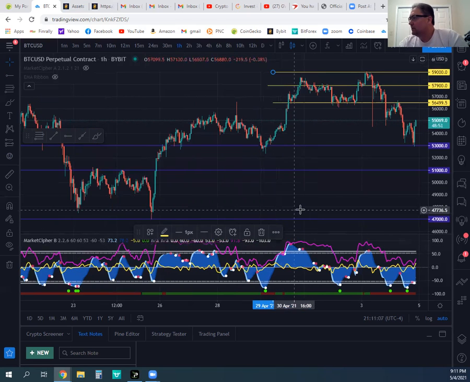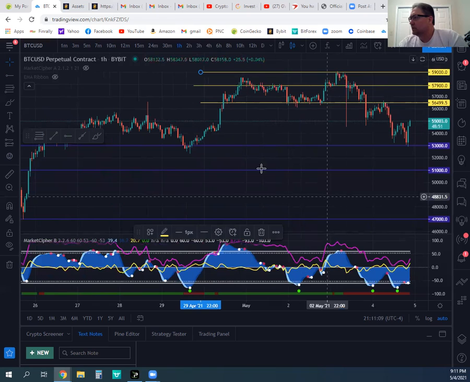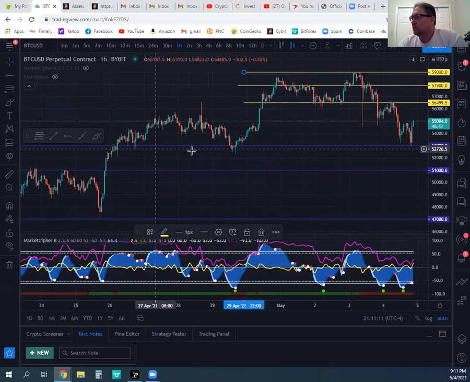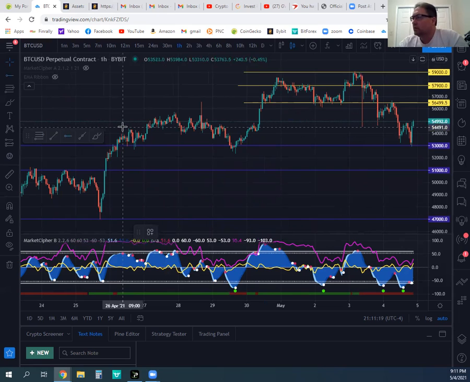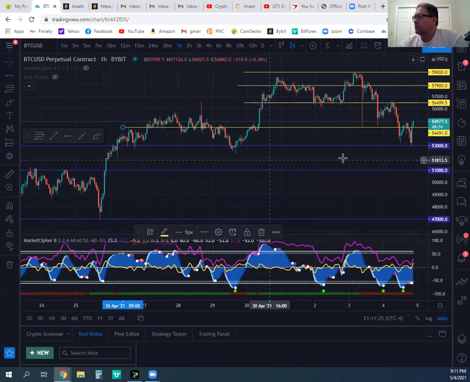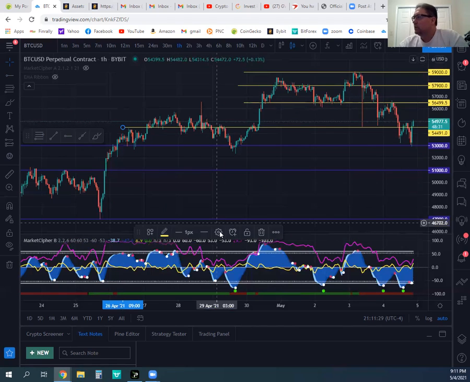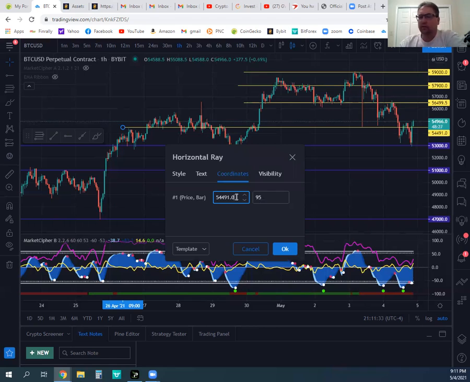So we can look at some things differently here. You got this area right through here. 54,500 is what we're going to put this at.